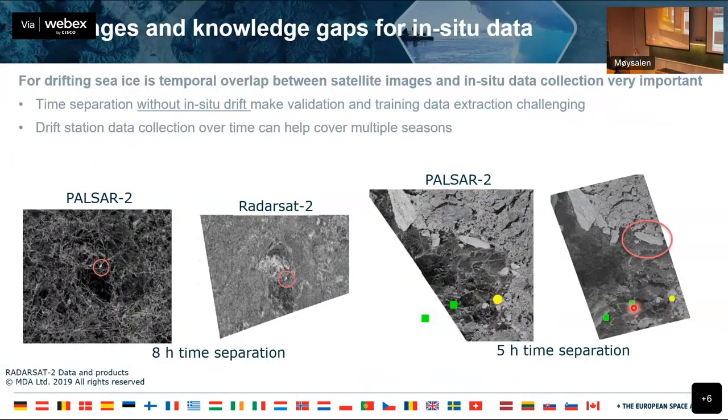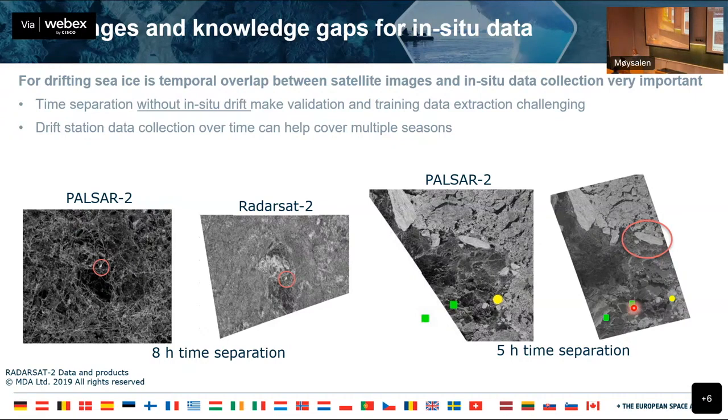When we look at challenges and knowledge gaps for in situ data collection for drifting sea ice, the temporal overlap between satellite images and in situ data is very important. The time separation without in situ drift makes validation of training data really challenging.